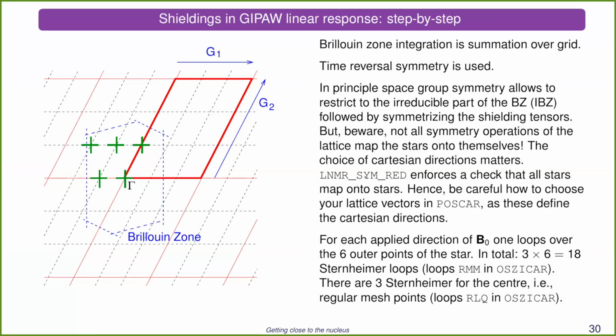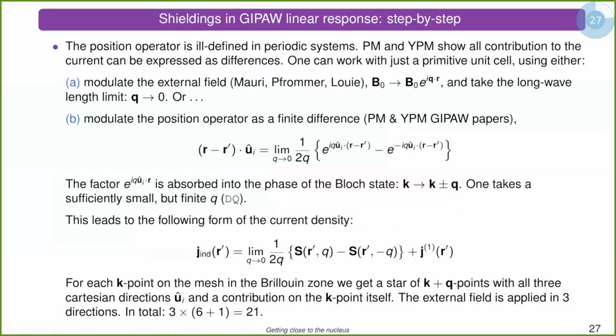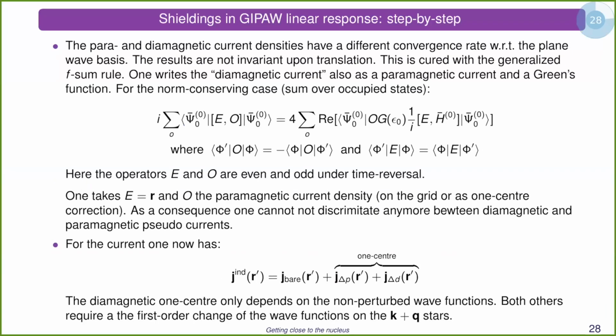And when you use this flag, this setting in the INCAR, it effectively checks that when the symmetry operations of the lattice are applied to all those stars, they end up on stars again. And it enlarges the Brillouin zone in order to be consistent. Okay, so that was where we were talking about the k-point stars.